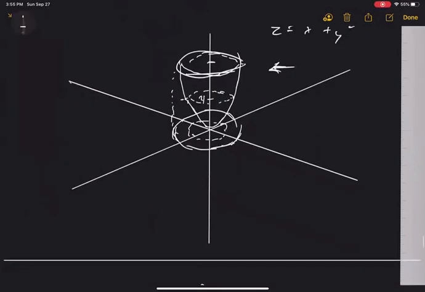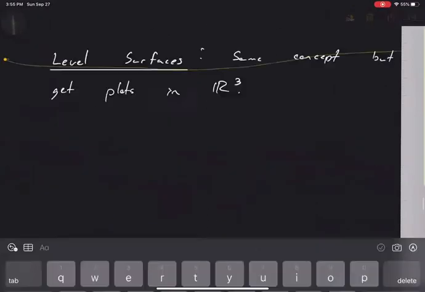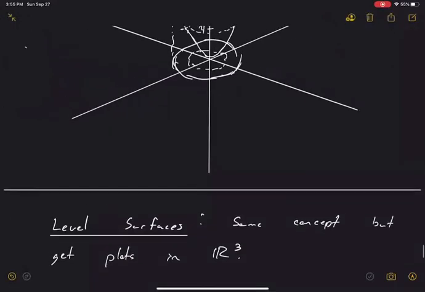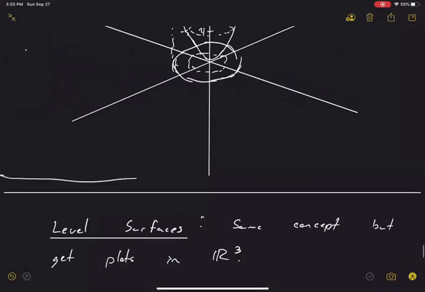Okay, and if you're looking for a real world example of something like this, you may have heard of something called a topographical map.